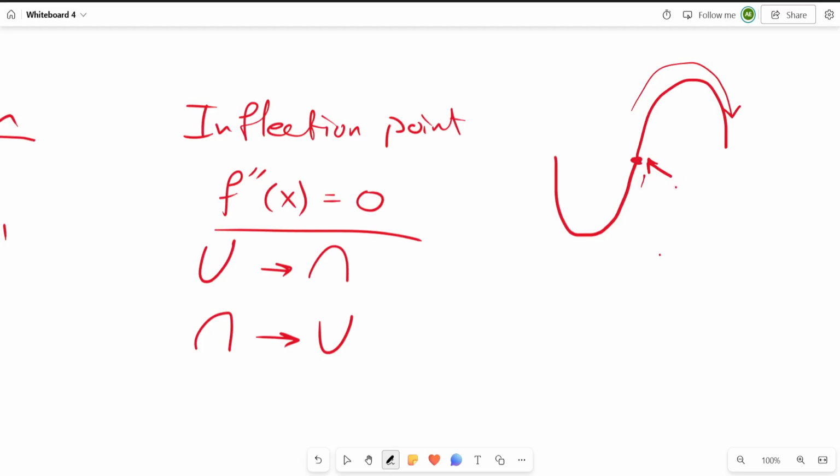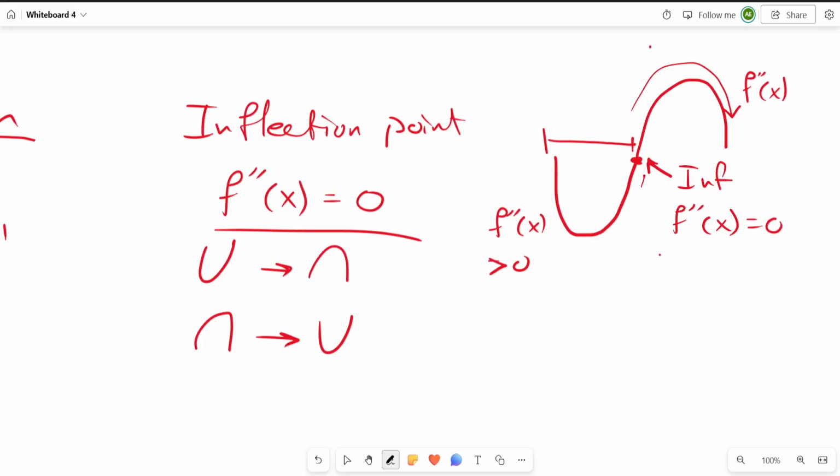So this point over here is called the inflection point, and the f double dash of x at this point equals 0. F double dash of x on this interval is less than 0, and f double dash of x on this interval is greater than 0. This is the concave down interval, this is concave up, this is the inflection. That's basically our topic 90% covered.